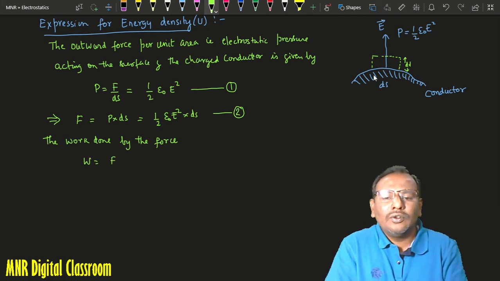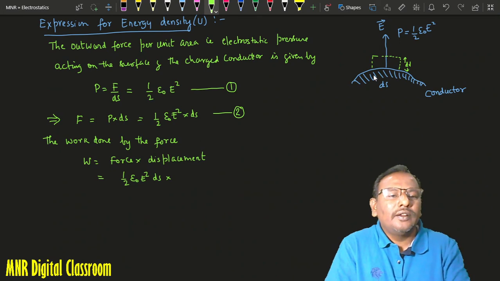Work done is equal to force into displacement. This is equal to half epsilon naught E square into ds into displacement. Observe the figure, displacement we assumed it as equal to dl.